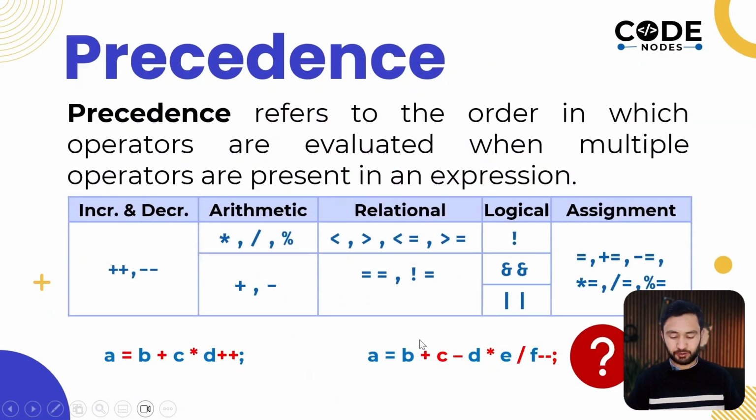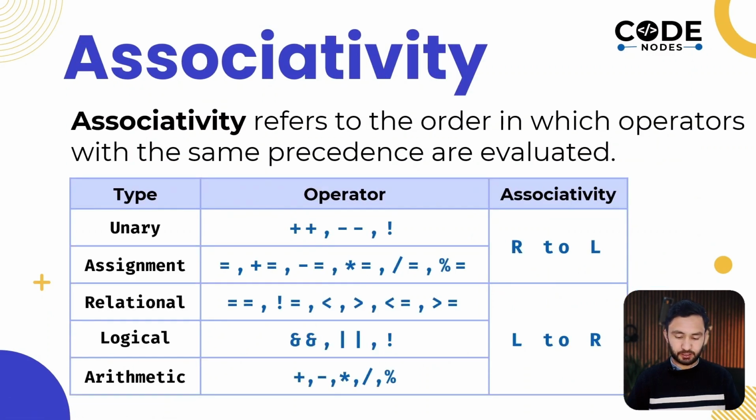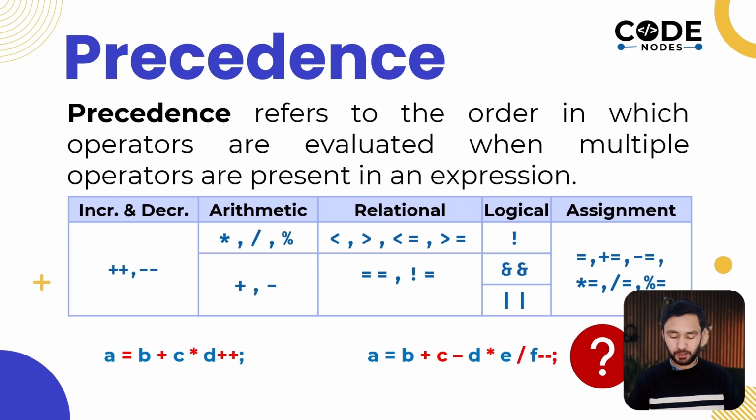Let's go back to the previous example and try to understand this, as we have explained in this slide, the associativity of the operators. So what will be the order of evaluation of this expression? At first, this F minus minus will be evaluated as the decrement operator has the highest precedence.